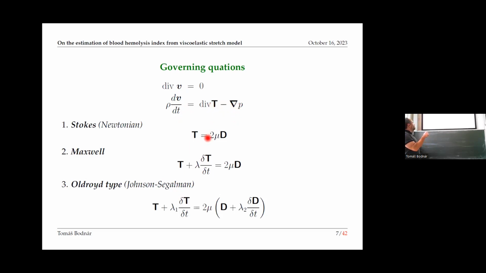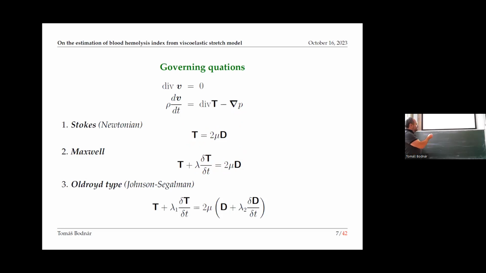It's true just for the Newtonian model, but with the Maxwell and Oldroyd models, we cannot say that the only spherical part of the stress tensor is in this pressure part. It is hidden also in this tensor. So here this tensor has zero trace, but this one doesn't. So it's a little bit more complicated.